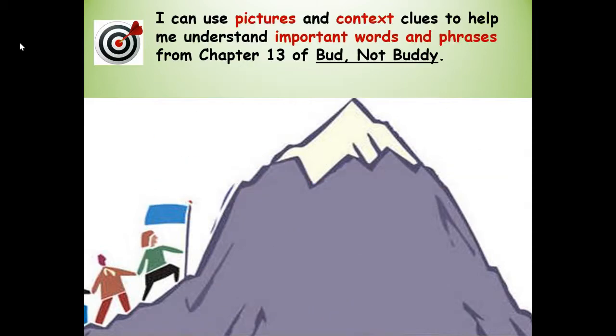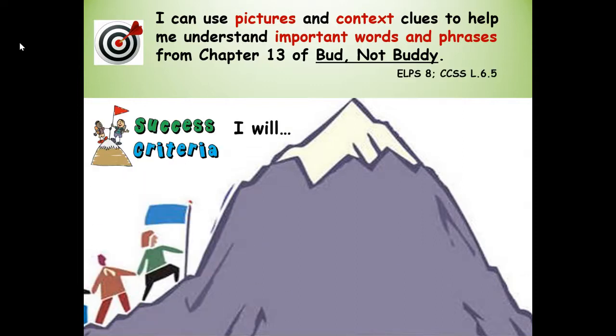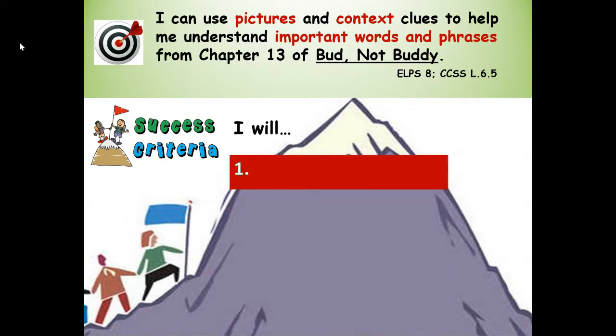So here's our learning target. I can use pictures and context clues to help me understand important words and phrases from Chapter 13 of Bud Not Buddy. Here's our success criteria. That means how will you know you're successful at understanding important words and phrases from Chapter 13? Here are our steps to success.